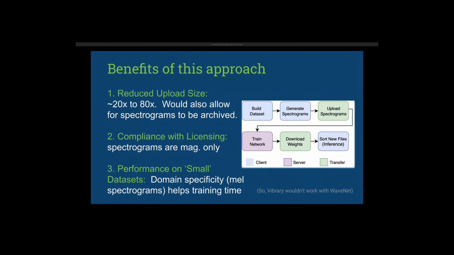And then one other thing about this approach is that by using the MEL spectrograms, we're taking advantage of some domain knowledge of audio. We're not just training a raw waveform domain neural network model like, say, WaveNet. And that actually allows us to perform pretty good on relatively small data sets. Small meaning like tens to hundreds of examples, as opposed to like tens of thousands or millions.